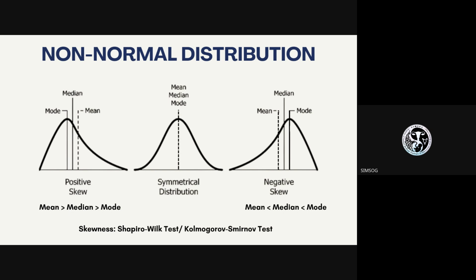Similarly, even while you are expressing your mean, median, mode, that is your central tendency, as well as measures of dispersion, you cannot use the same thing for all types of distribution. You can use mean and standard deviation only if the data is normally distributed.